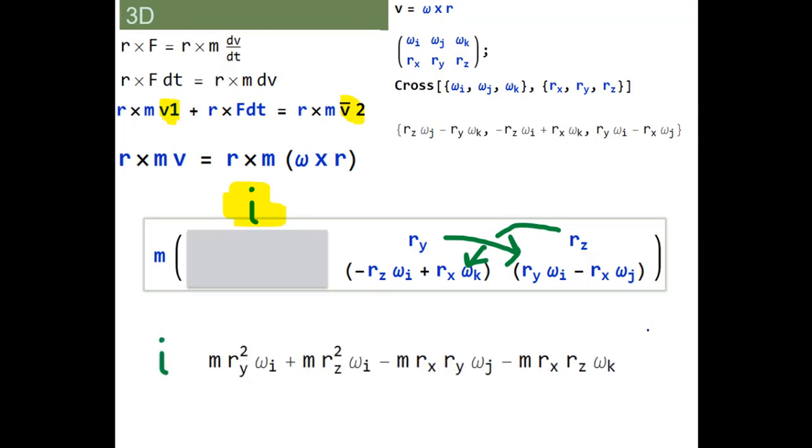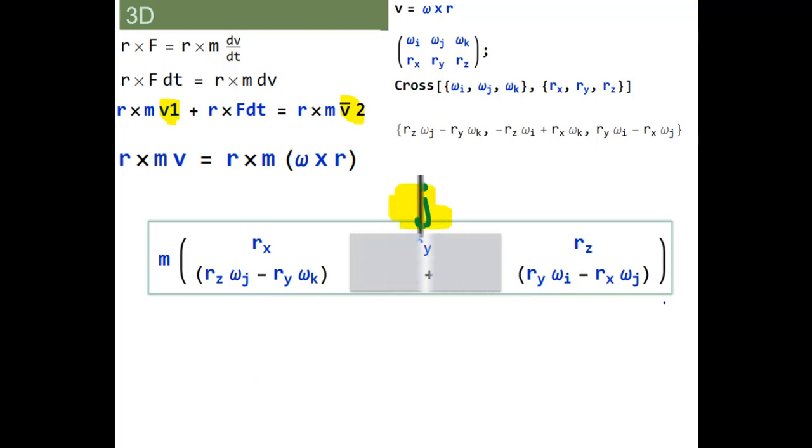So here is the i direction. There's a few things here that maybe you recognize. We have a y squared, a z squared, but then we have this xy and yz combination. So you can see that y squared, and then we have this yx combination, z squared, and then we have a zx combination.